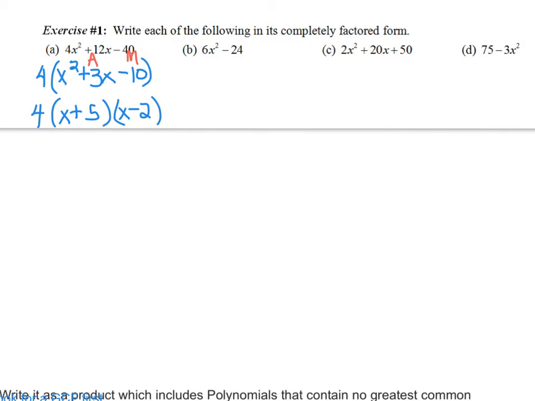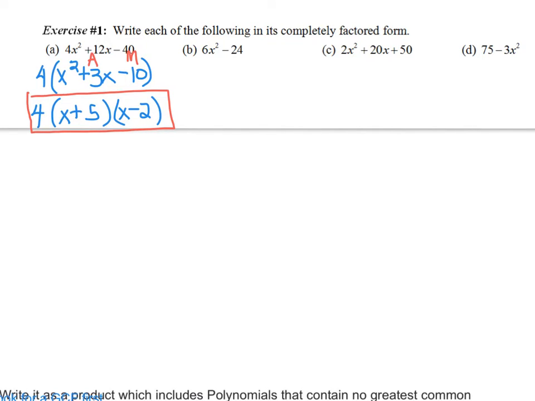When I look at all of the factors in my answer, I see that none of them can be factored any further, so that tells me that this is my expression in completely factored form.